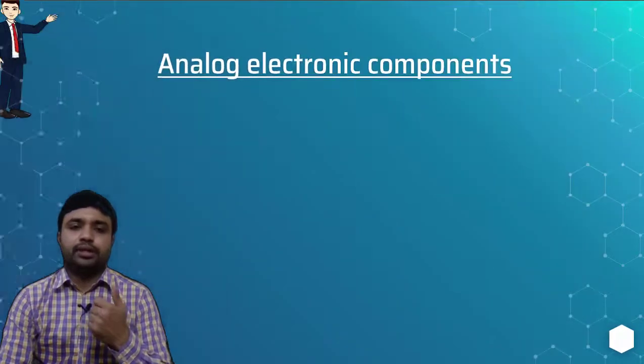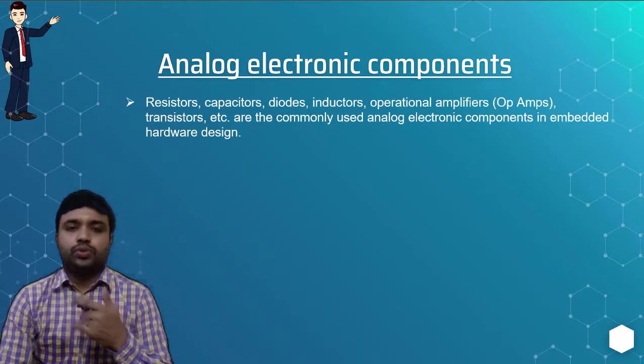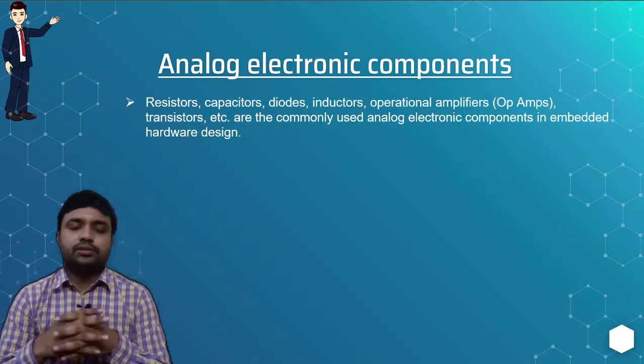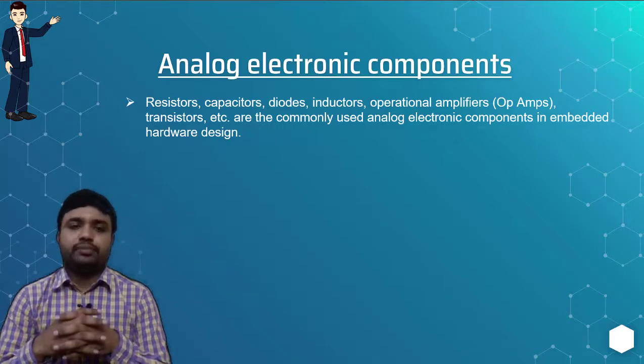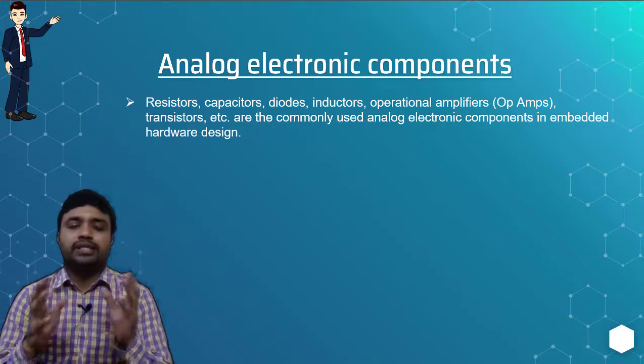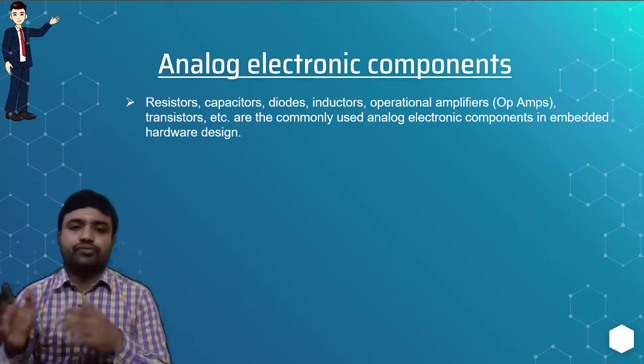Okay, right. So first, what is meant by analog basically? Analog in general sense means some continuous form. That means analog quantities will always be considered as continuous forms.